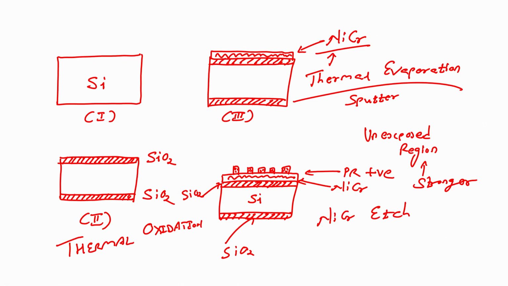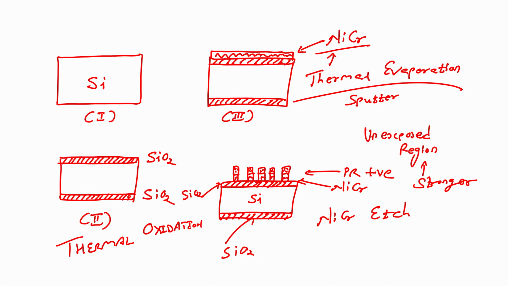When I dip this wafer in nichrome etchant, what will happen? The area which is protected by photoresist will remain, and the area which is not protected by photoresist will get etched.